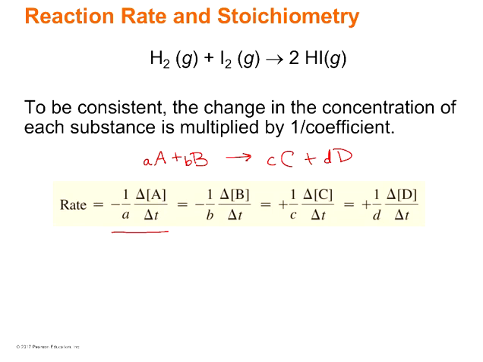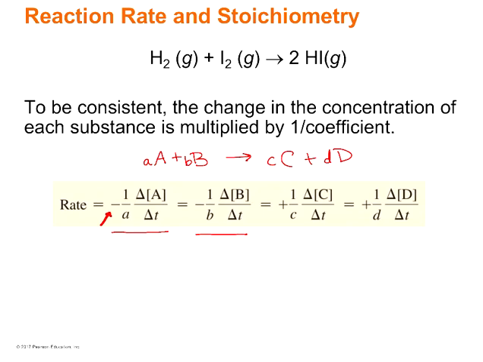And remember that negative sign is there because we're losing reactant. And then we do the same thing for B, because it's a reactant, but we're going to multiply it by 1 over its coefficient. And then for C and D, because they're products and we're gaining product, those don't have negative signs, they have positive signs.